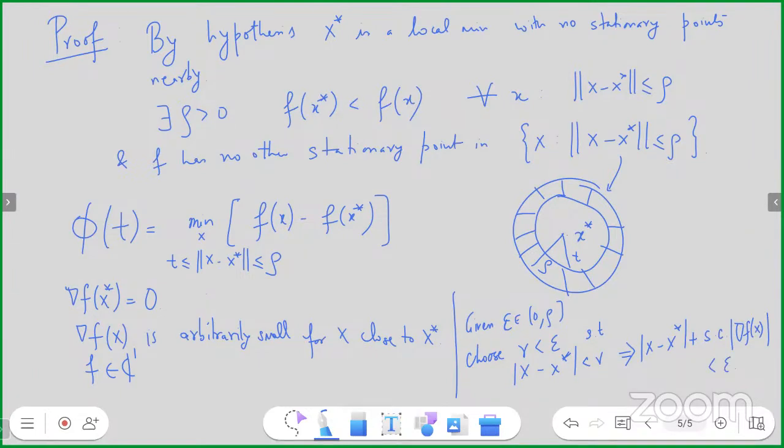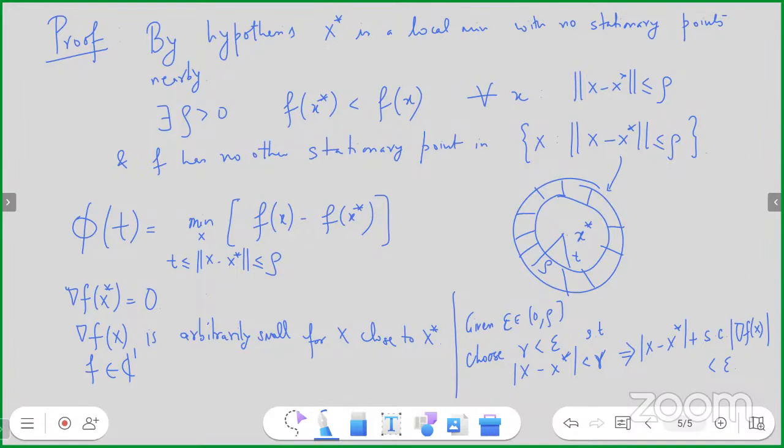So this is r. What am I doing? Fix the epsilon between 0 and rho. I want to choose an r less than epsilon such that whenever x minus x star is less than r, it implies that x minus x star plus these two constants multiplied with the gradient is always less than epsilon.